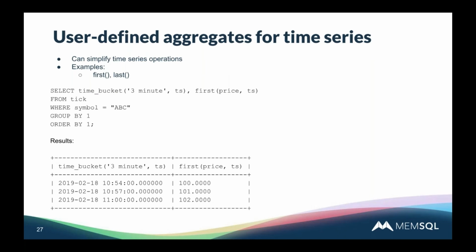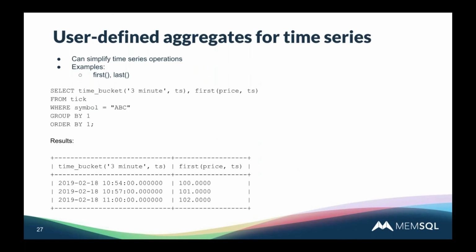I've created a user-defined aggregate called first, and I'm using it with that time bucket function that I mentioned. And you can see how simple that query is, just 5 simple lines of SQL to find the first value in a 3-minute interval against that ticks table for one stock symbol, ABC in this case.